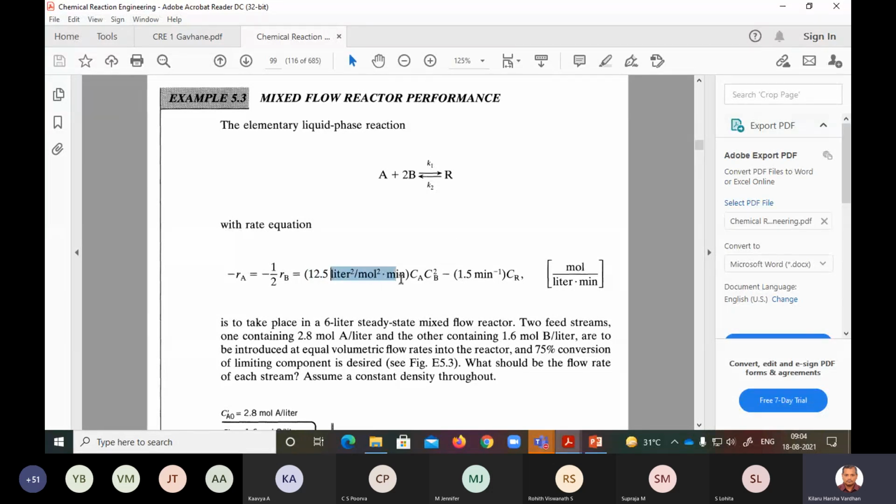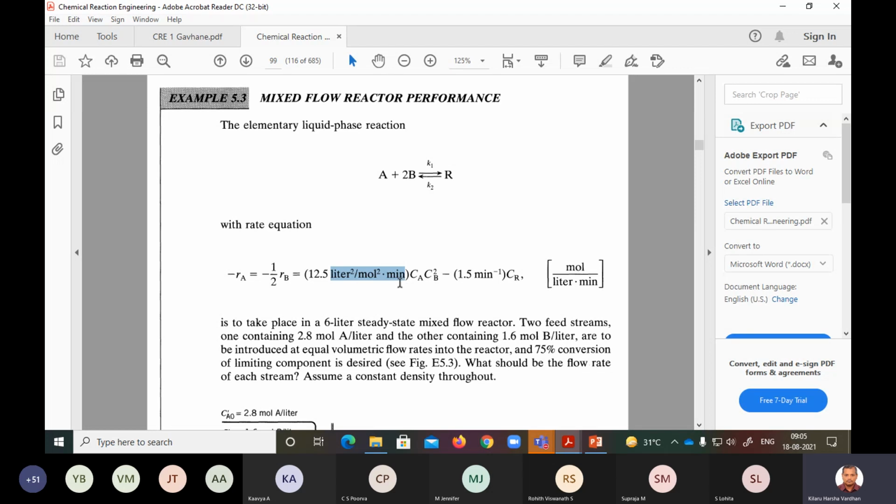This is the unit for k, because it's a third order reaction, which will have dimensions of concentration power 1 minus 3. Therefore, concentration to the power minus 2 into time to the power minus 1, right?